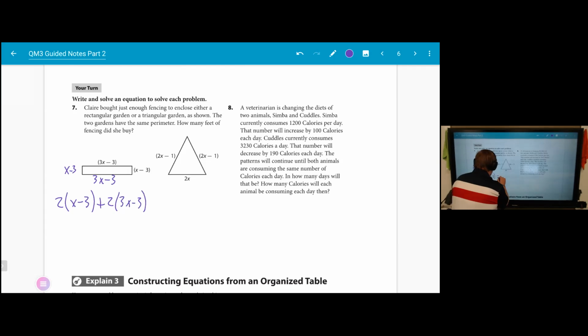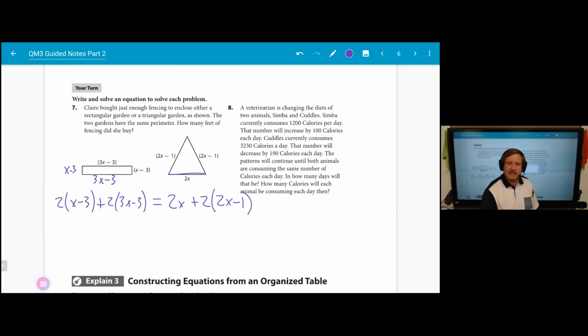The perimeter for the triangle should be equal, and I just need to add my way around. Well, this is 2x on the bottom, and I've got 2 times 2x plus 1, and 2 times 2x minus 1. Lots of distribution, but we can do it because we're going to take it one step at a time.